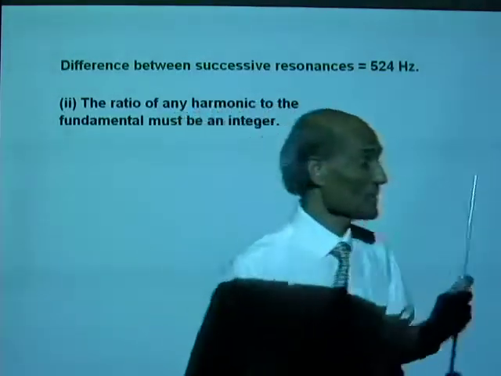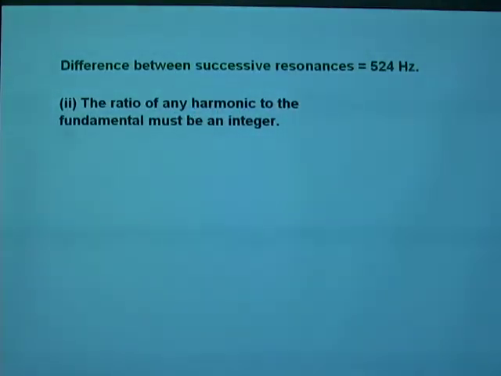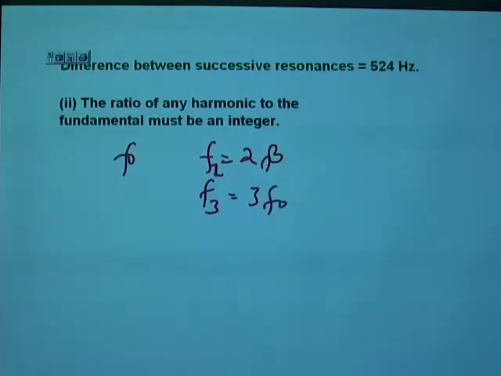Is that right? Well, let me show you that. Well, if F0 is the fundamental, then F1 equal to 2 F0. Now F2, let me call it 2nd harmonic. The 3rd harmonic will be 3 F0. The 4th harmonic will be 4 F0.